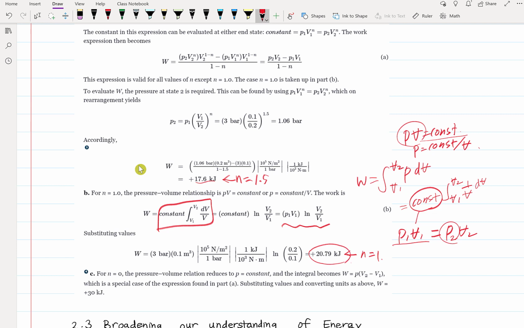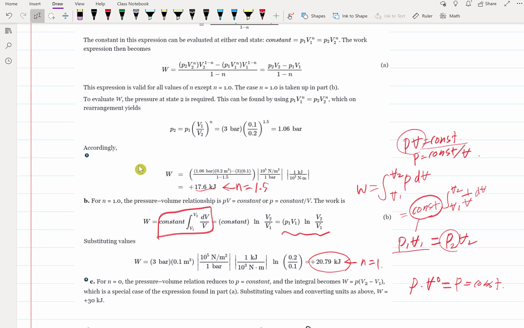For n is 0, so P times V to the 0. This is P, which is constant. So pressure remains constant, 3 bar, and volume is 0.2 cubic meter.